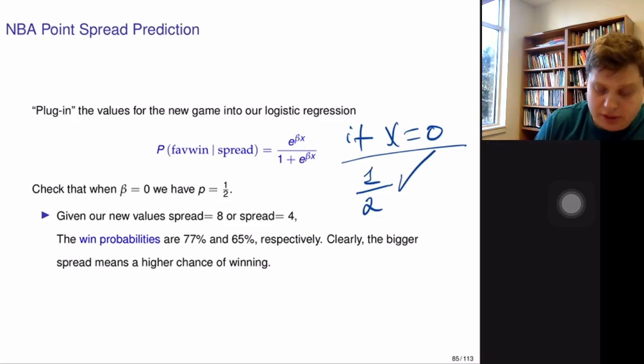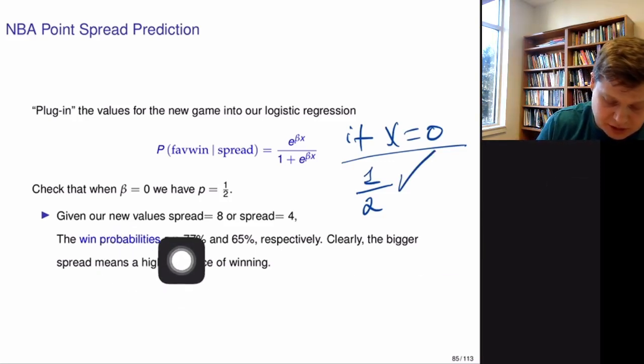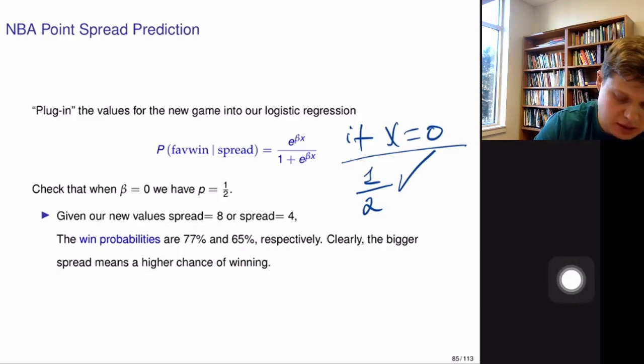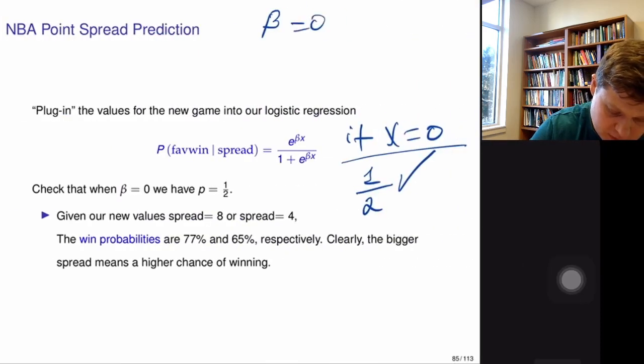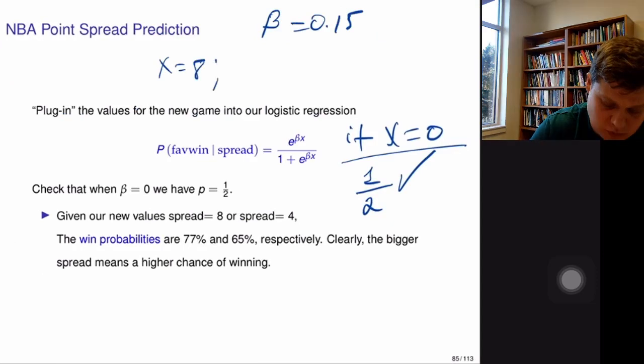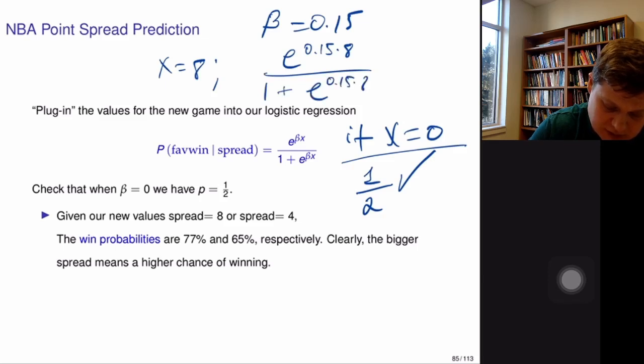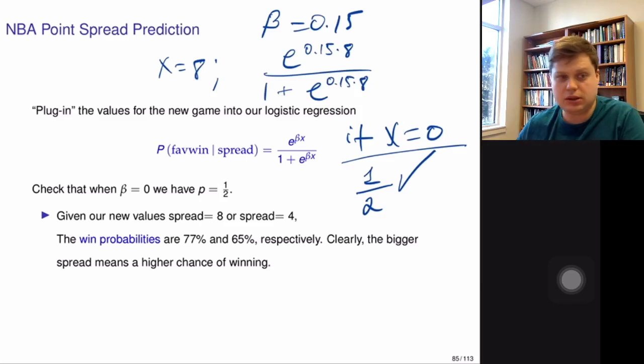And now let's try to do a prediction. Let's try the case when the spread equals 8. Remember our beta was 0.15. So when x equals 8, the probability that the favorite team will win is going to be exponent of 0.15 times 8 divided by 1 plus the same number, exponent of 0.15 times 8. So let's go to R and calculate this value.